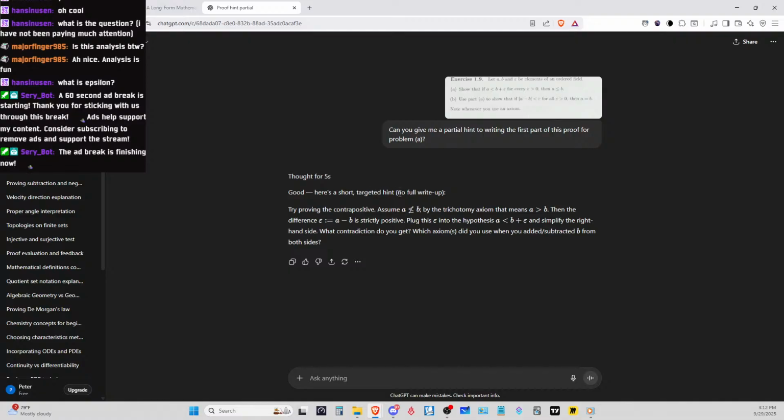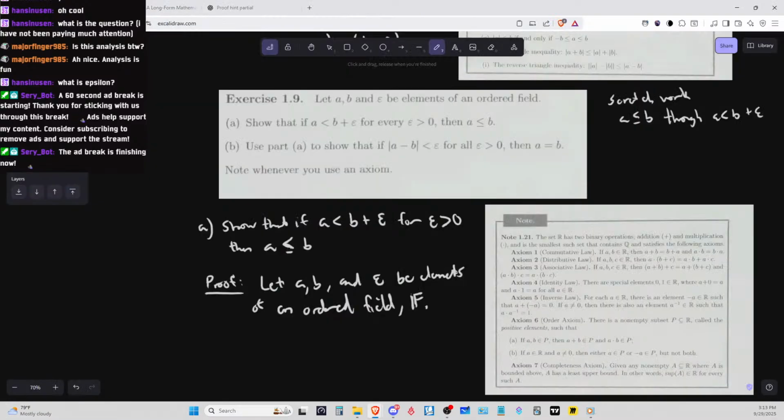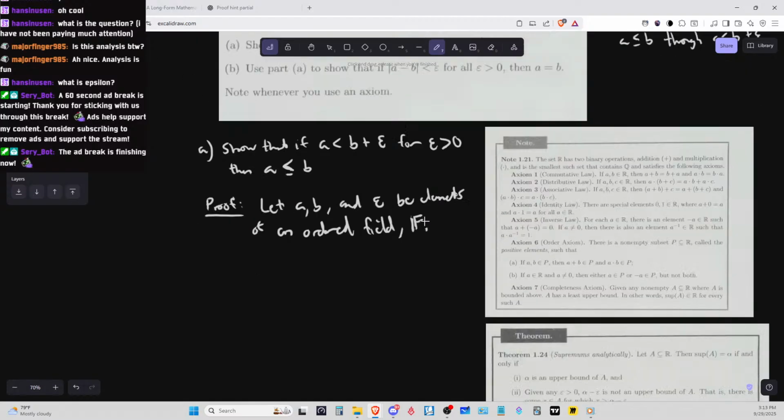Let's see, here's a short targeted hint, no full write-up. Try proving the contrapositive, assume that A is greater than B, then the difference. Okay, I mean that felt like more than a hint, but sure, let's try that.